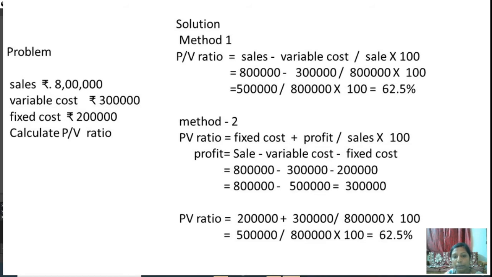So 2 lakh plus 3 lakh is 5 lakhs divided by 8 lakhs into 100. Now the value of the PV ratio is 62.5%. So in these two methods we calculated the PV ratio.